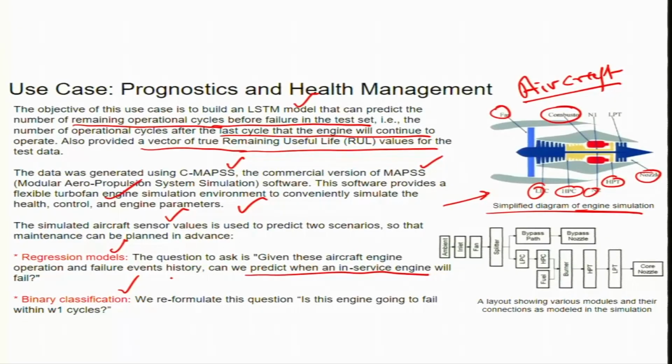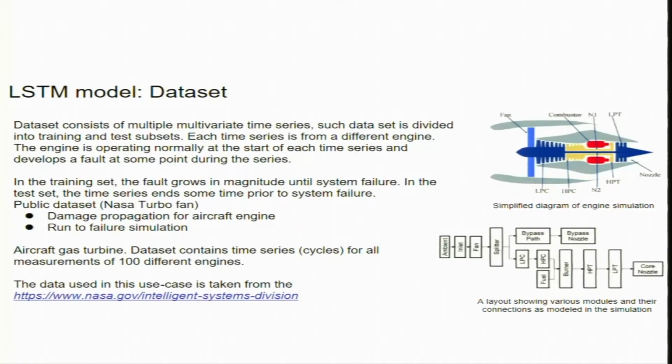That means it requires the time, how many cycles it still has to execute before that engine will fail. This is a regression model. Similarly, the binary classification problem in this domain is, is the engine going to fail within W1 cycles or not.